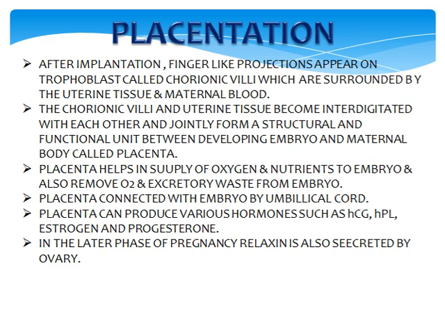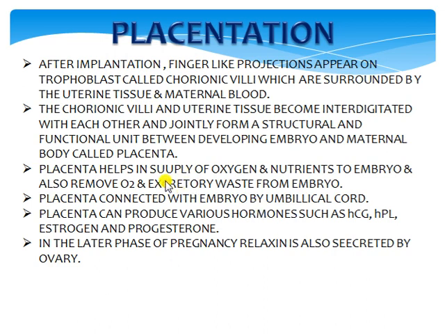Both of the finger-like projections, from the mother side as well as from the blastula side, interdigitate with each other and jointly form a structural and functional membrane-like structure, commonly known as placenta. Keep it in your mind, this membrane, produced due to the interdigitation of the chorionic villi and maternal villi or decidua basalis, helps in the supply of oxygen and nutrients to the embryo, and is also responsible for removal of carbon dioxide.